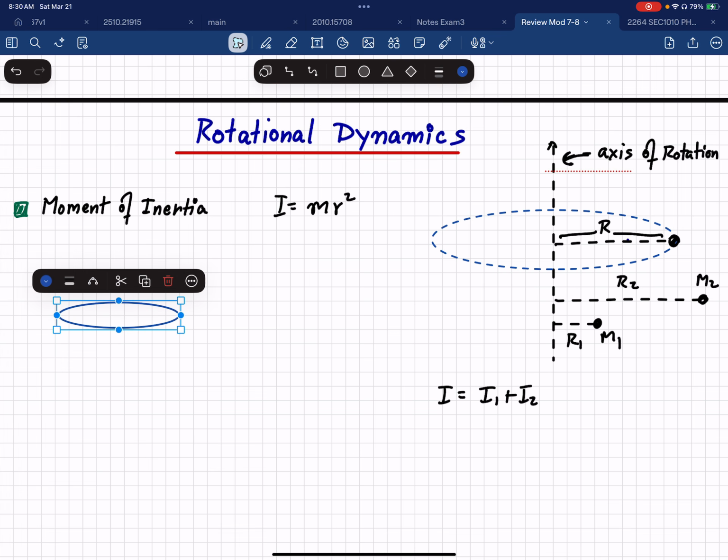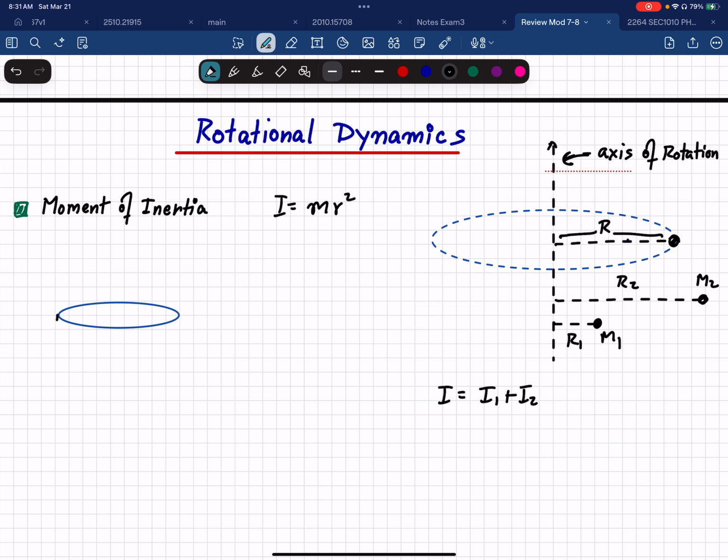So a disk is nothing but something like this. It's a disk like this. I'm trying to draw as accurately as I can.